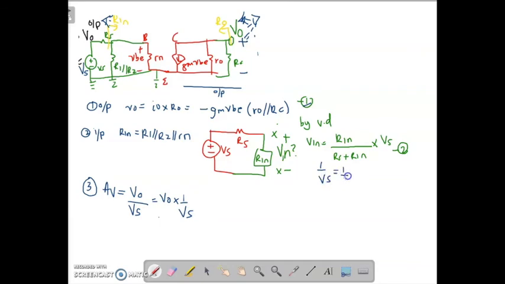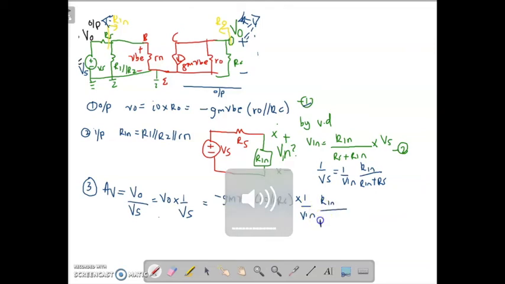It is equal to 1 over V in, R in divided by R in plus Rs. So V out comes from minus Gm, VBE, R out parallel to RC, multiplied by 1 over V in, R in over R in plus Rs.